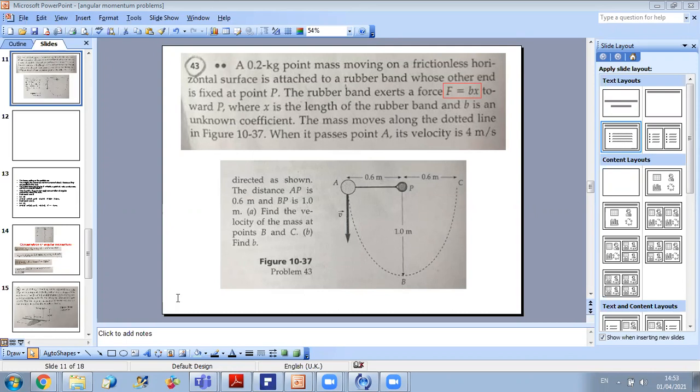We can write that the potential energy V rubber equals 0.5 B X squared. Okay, and then in order to calculate the value of B, what should we apply?